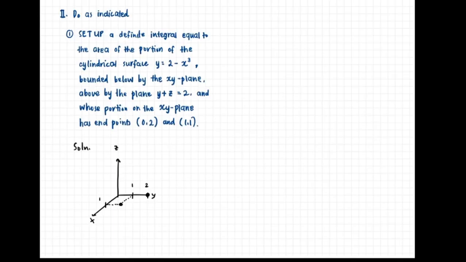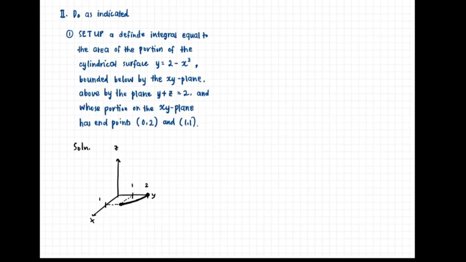And so, since we only need the portion of the surface y equals 2 minus x cubed in between the point (0, 2) and (1, 1) for its portion on the xy plane, we basically need here this portion of the curve. The question now would be, up to where do we extend this portion on the xy plane?